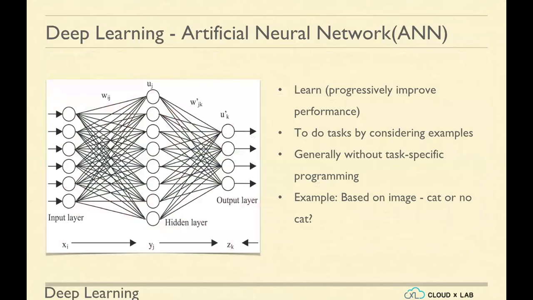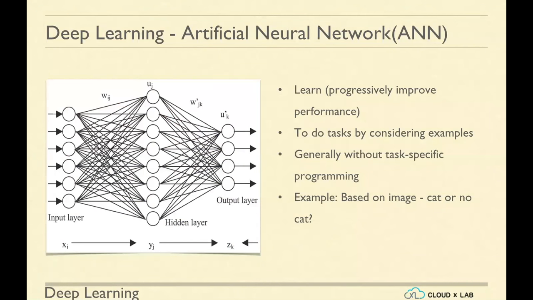So ANN, or artificial neural network, learns, progressively improving performance to do tasks by considering examples. Generally, without task-specific programming, we don't need to do task-specific programming. We generally just need to build these models.